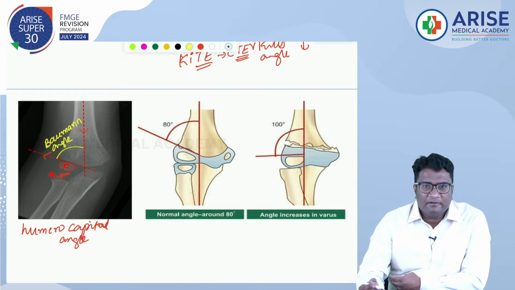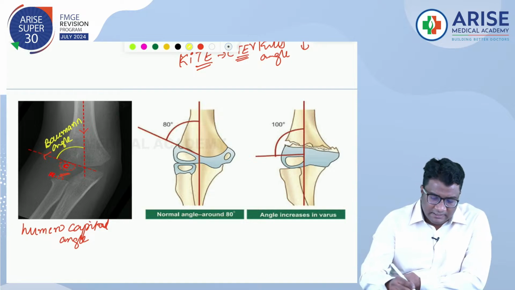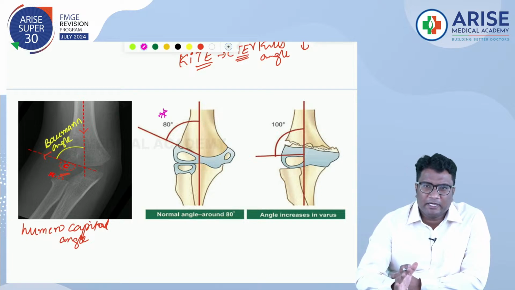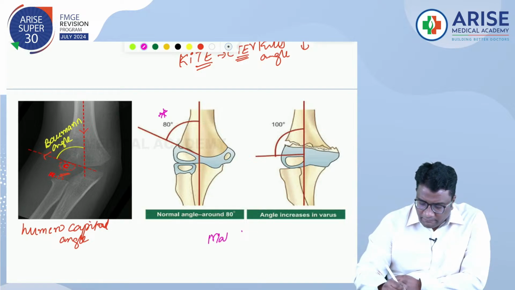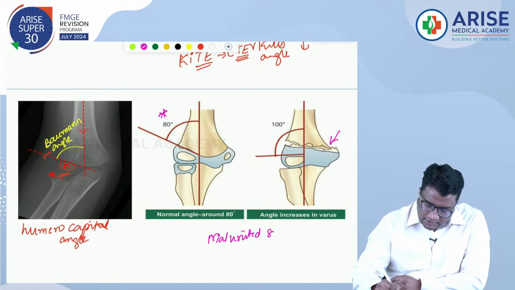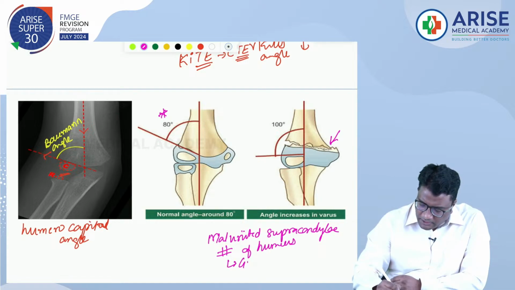And normally the Baumann's angle is around 70 to 81 degrees. But whenever there is varus deformity, the cubitus varus or malunited supracondylar fracture of humerus, the malunited fracture above the condyle, this produces gunstock deformity, right?